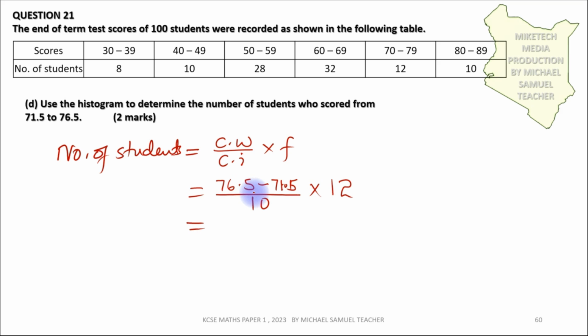So 76.5 minus 71.5, we get 5, so 5 over 10 times 12. So we end up getting 6 students. So the number of students who scored between 71.5 and 76.5 is 6 students.